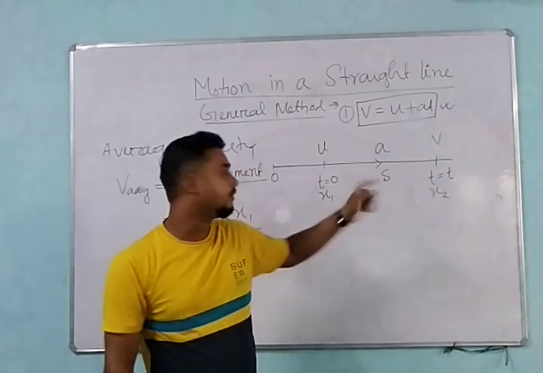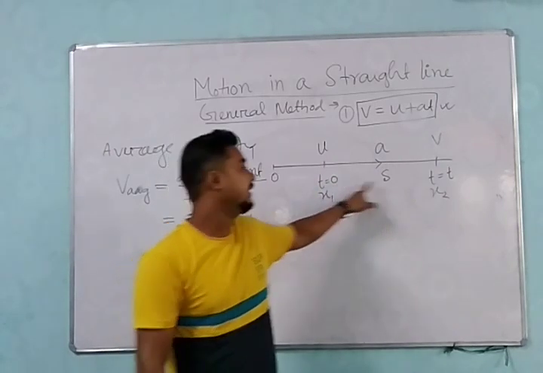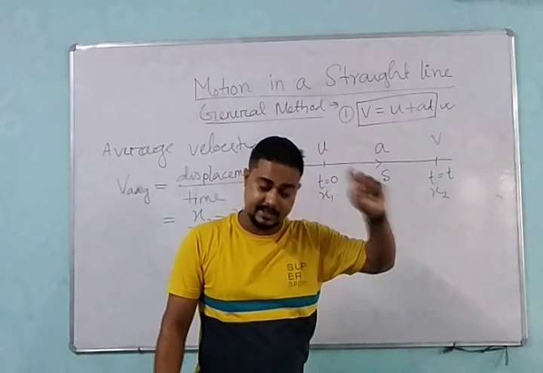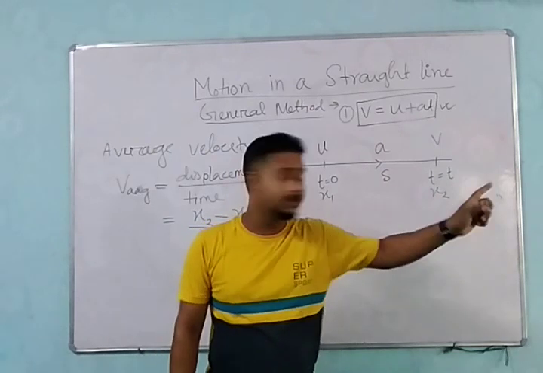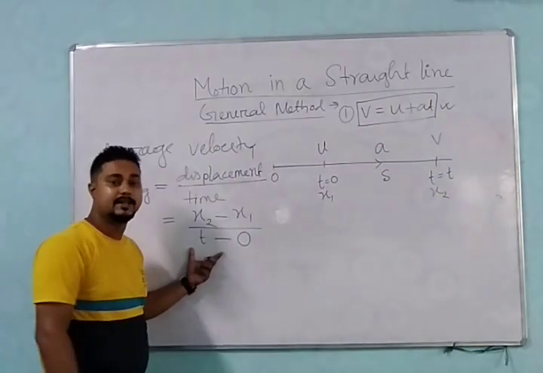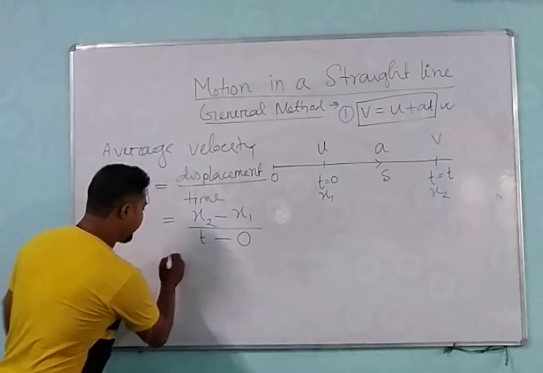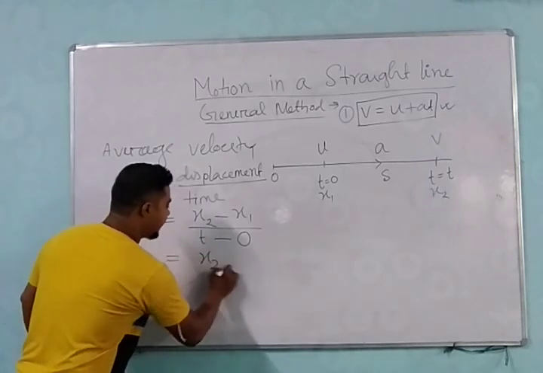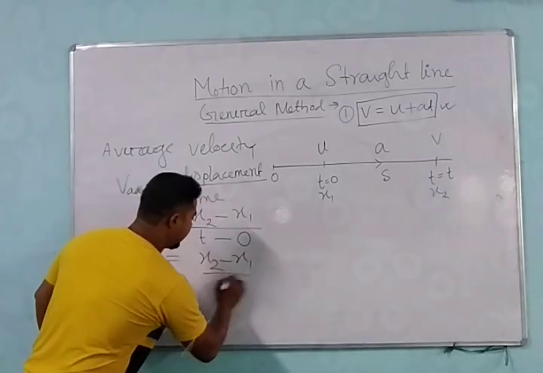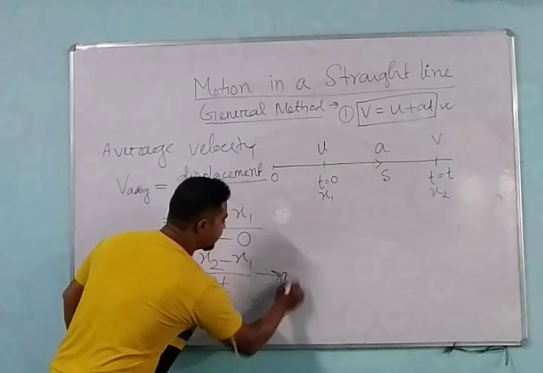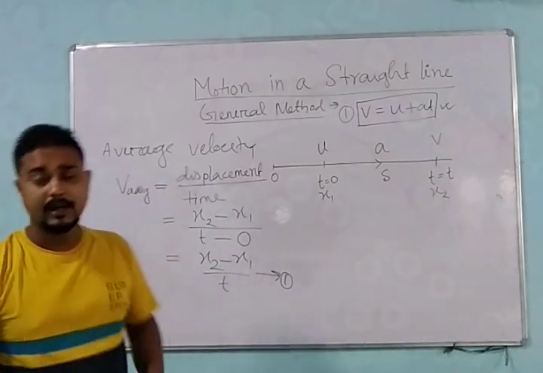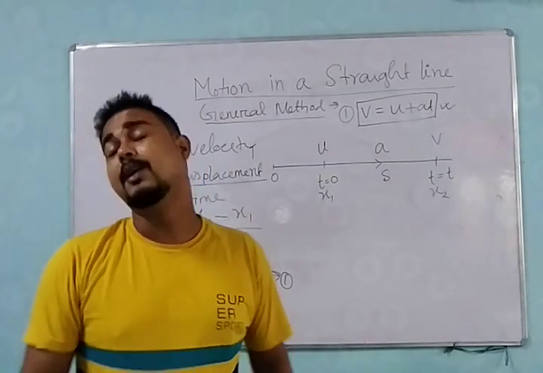If we consider the value of t1 is equal to 0 and t2 is equal to t, then we can directly write t minus 0 here. So we have got the expression x2 minus x1 divided by t. Mark it equation number 1. Okay. Now we have got another equation.